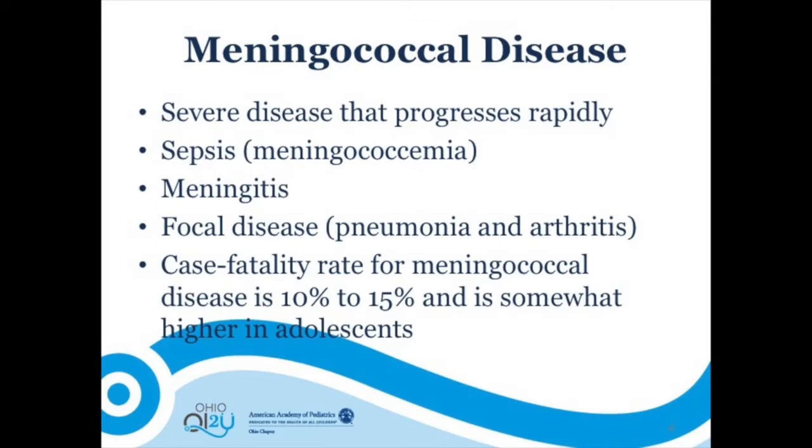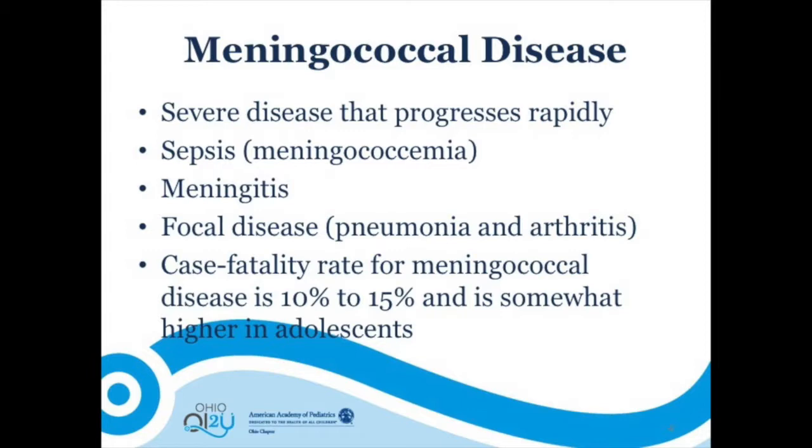The meningococcus tends to cause disease with an abrupt onset that is severe and progresses rapidly. The different categories of disease include meningococcemia, which means the meningococcus is present in the blood. This can lead to sepsis with multi-organ failure.